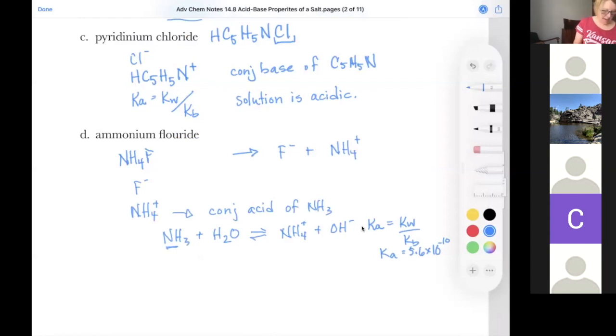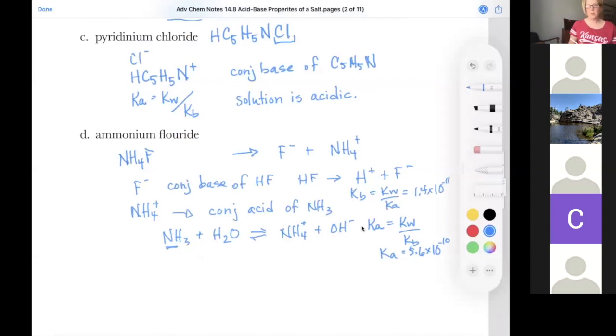In terms of the F, it's the conjugate base of HF. HF breaks into H and F, so F is the conjugate base of HF. If we use the Ka value of HF to calculate the Kb, we find out that the Kb is 1.4 times 10 to the negative 11.